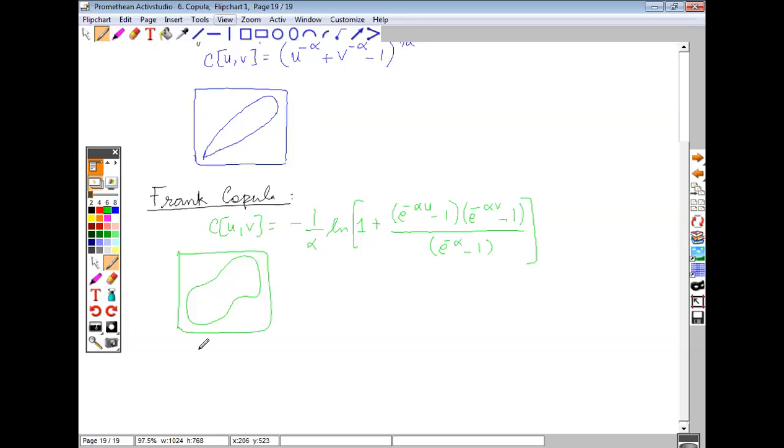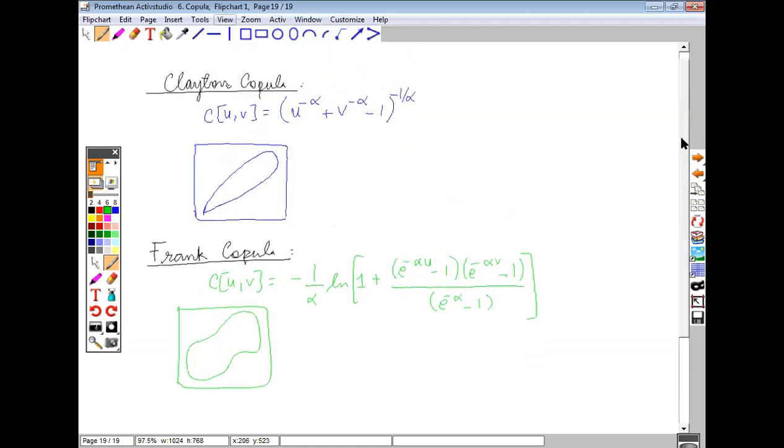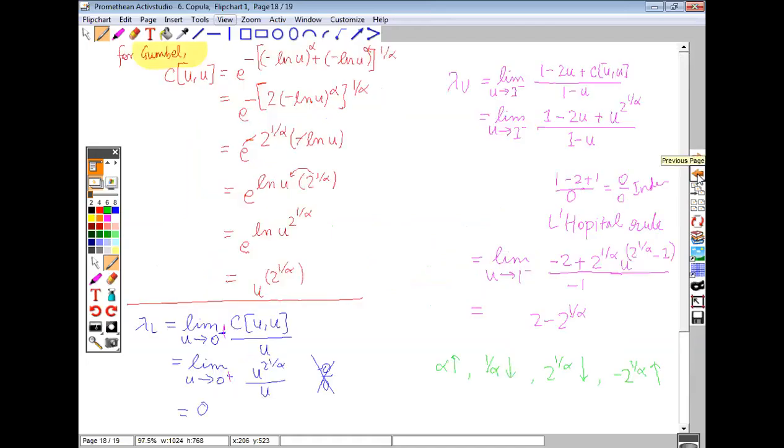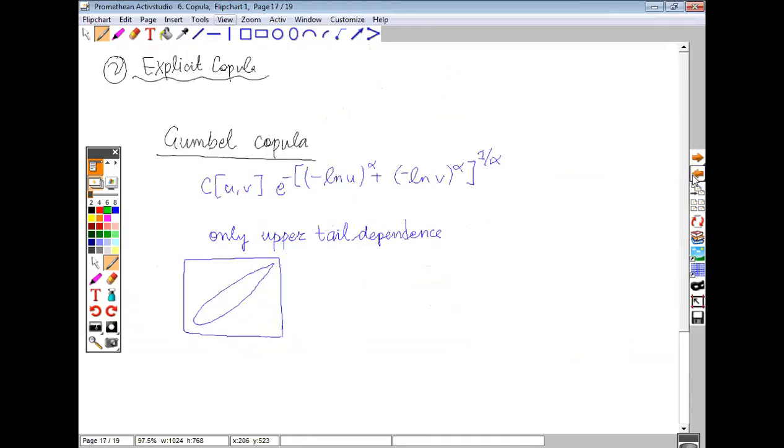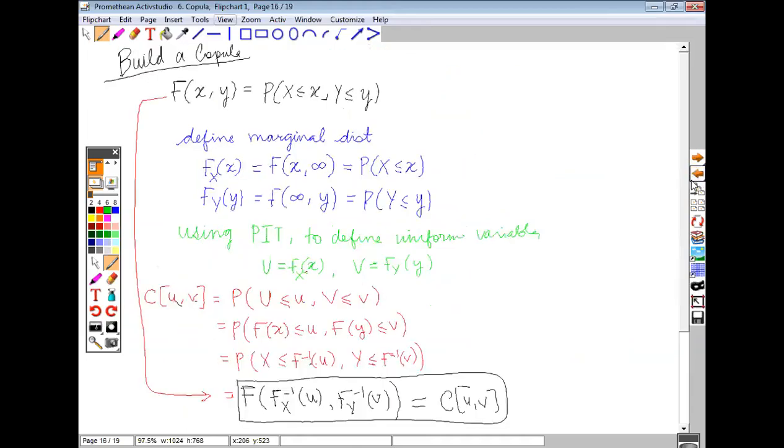So these are three basic types of explicit copulas that we studied, and there is something common between all of these copulas. We looked at the Clayton copula and the Gumbel copula as well. It's much more evident in Gumbel than in Clayton and Frank that we actually used something like this, right?